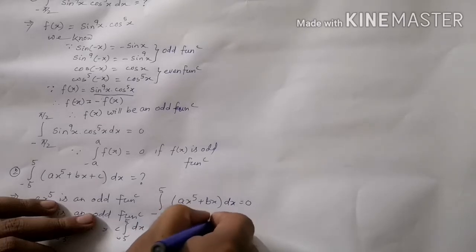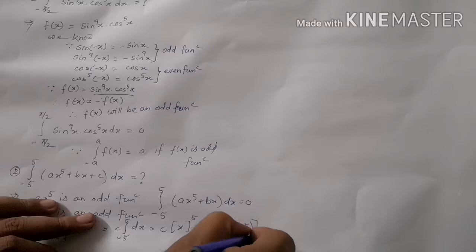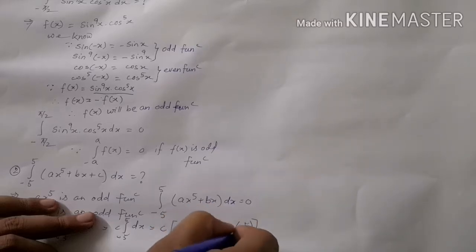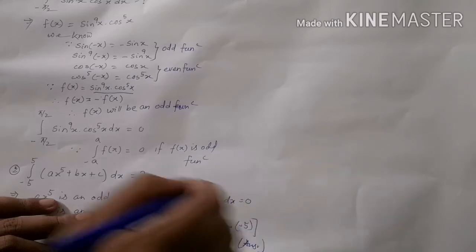So we put the value 5 minus of minus 5 equal to 10c. This is the answer.